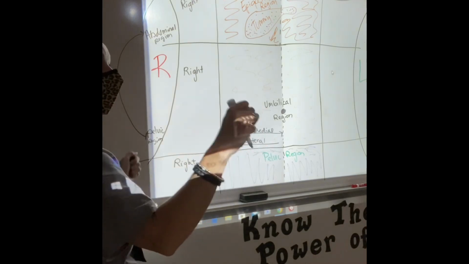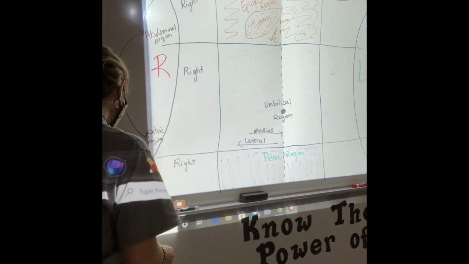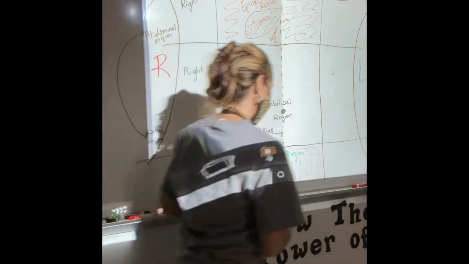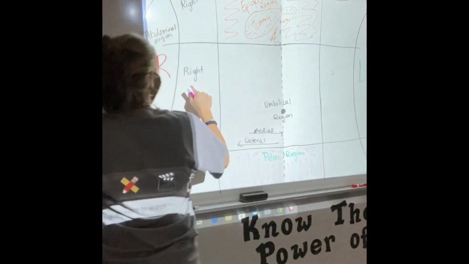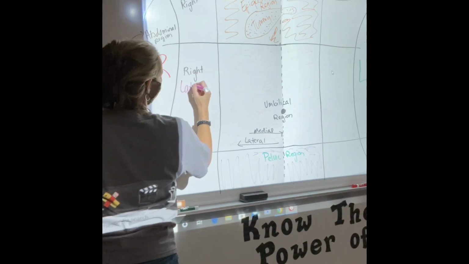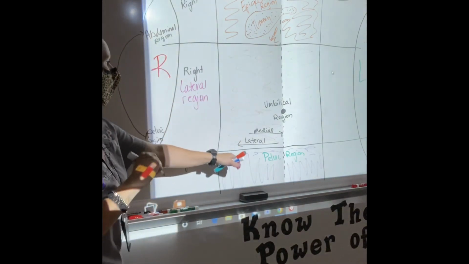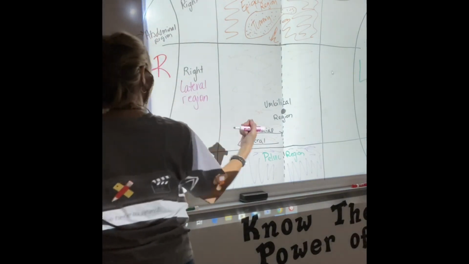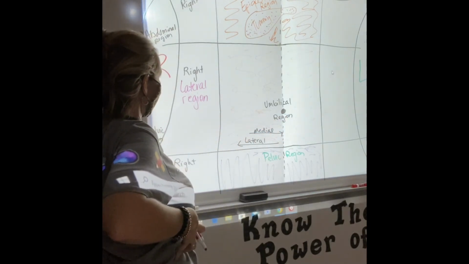And it just so happens that the label for, oh man, I need some more colors. I don't have enough color. Okay. The name of this region right here is called the right lateral region. Double wow. Lateral is away from the midline. This part's away from my midline.